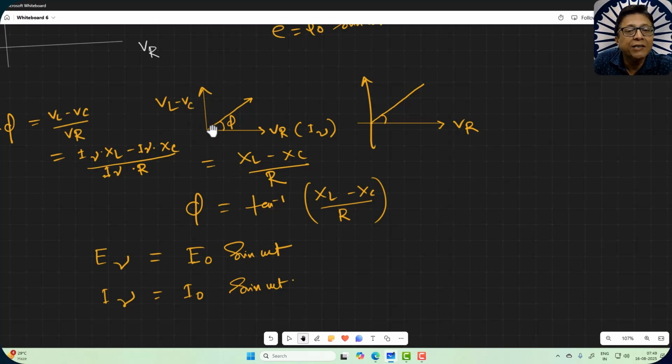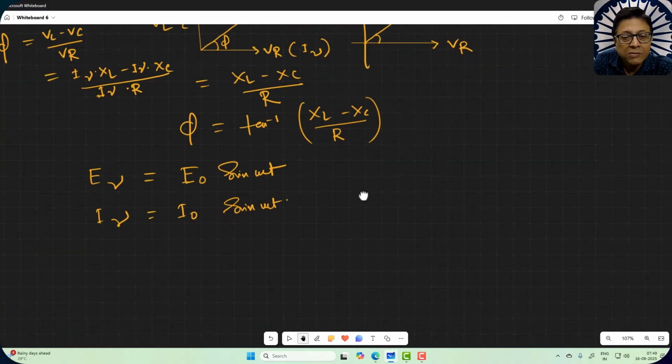In this circuit, VL minus VC leads the phase of current by tan inverse of XL minus XC by R. So when we have a general discussion on EMF and current in an AC circuit, we should consider a phase difference between these two. Let it be phi. Okay? So let us start from here.